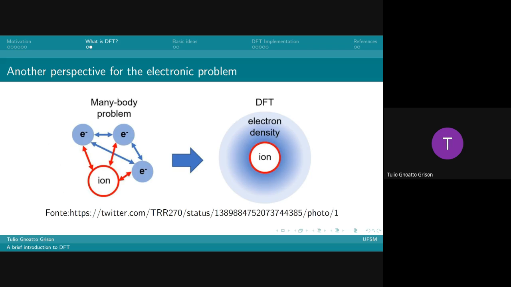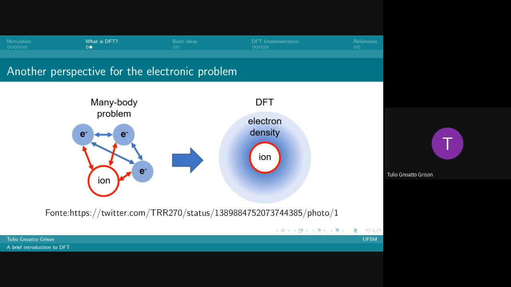Density functional theory arose due to the search for the replacement of the wave function by another physical quantity that would be as representative and descriptive as the wave function, but of easier interpretation, since the wave function is a vector defined in a complex space of arbitrary dimension.